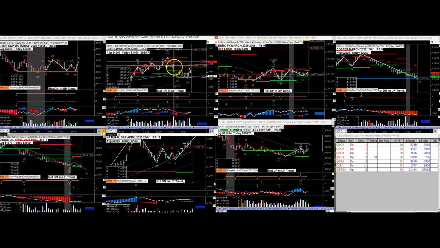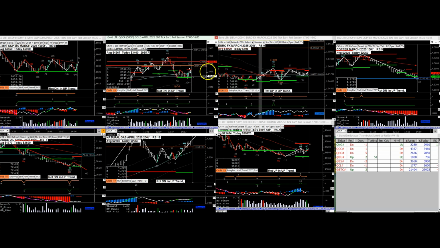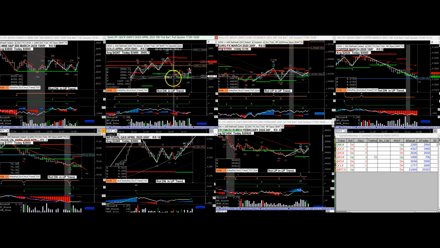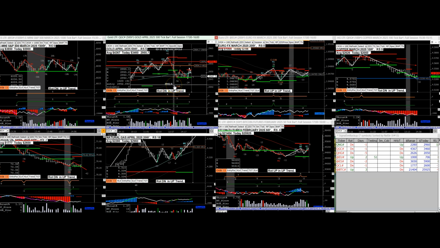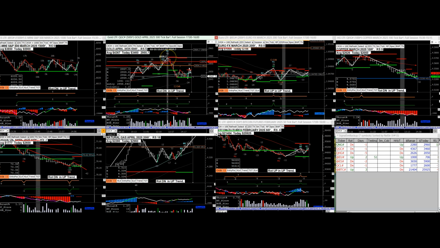Crack. That's 1.64 times the average range. Biggest in 45 bars, and biggest in 22 red bars. It's very significant. So I think the market, that's really good if you're trying to short, right?